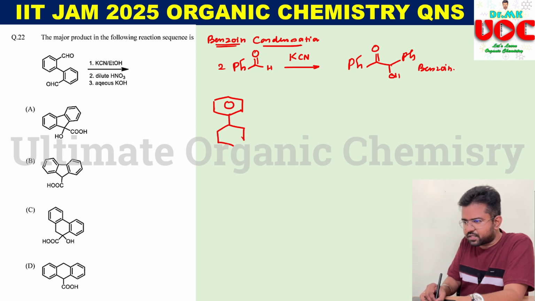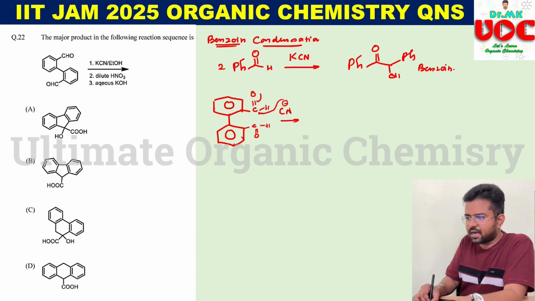Let me draw the structure of this biphenyl. You have an aldehyde group over here. There is one more aldehyde here. Initially, a CN minus attacks here, and the electron is shifting over the oxygen atom.